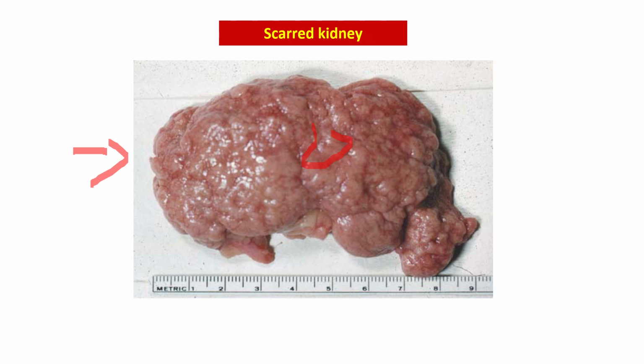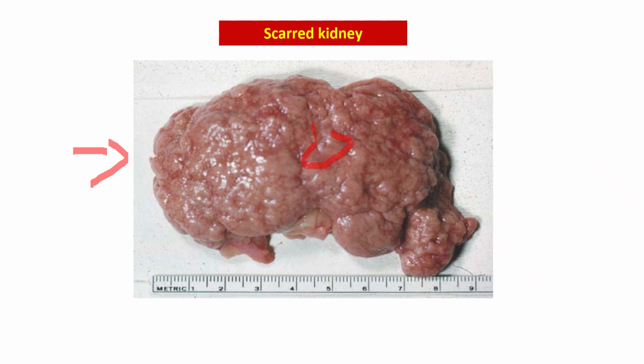These fibrous tissues contract over time, leading to thinning of the cortices and irregular depression across the surface. This appearance is typically seen in hypertensive nephrosclerosis, long-standing hypertension, chronic glomerulonephritis, late stages of diabetic nephropathy, chronic pyelonephritis, vascular disease of the kidney.